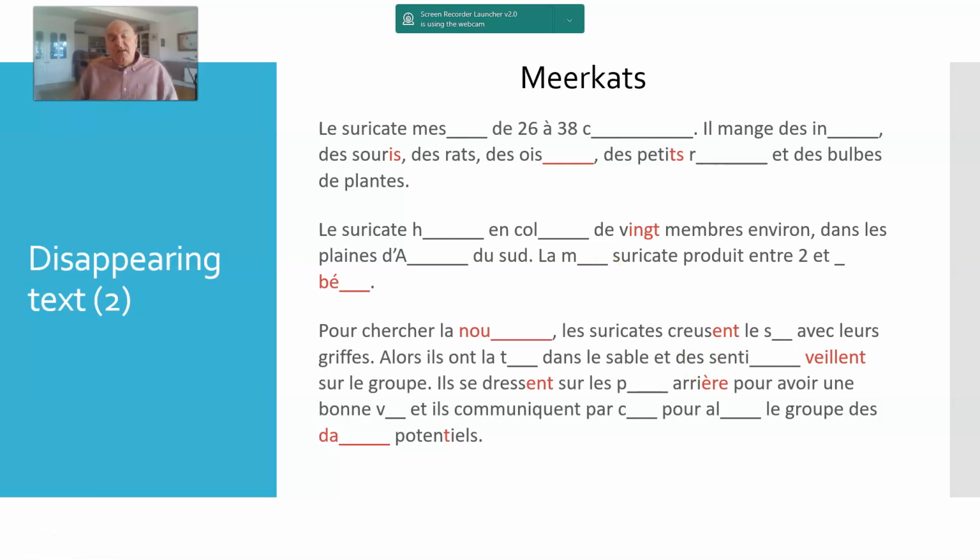So the great thing about disappearing text is you can tailor-make it to the class as well. If you've got a very highly proficient, high-attaining sort of group, you take away more text. If the group are struggling a bit more, then you could give them more text and take away less.